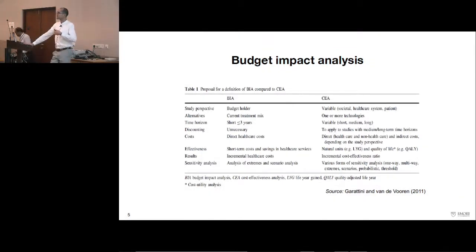Maybe the intervention is going to cost some money, but also save some money elsewhere for the same budget holder, and that should be accounted for. And the results for cost effectiveness, we present in terms of the ICER, the incremental cost effectiveness ratio, while in budget impact, it's just incremental costs.